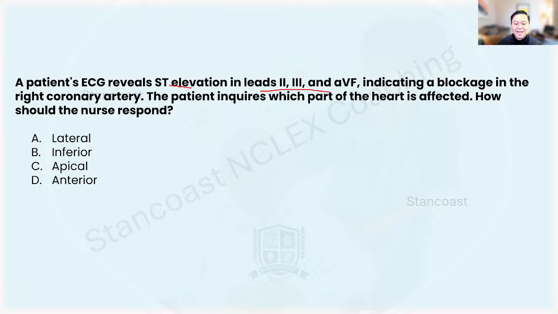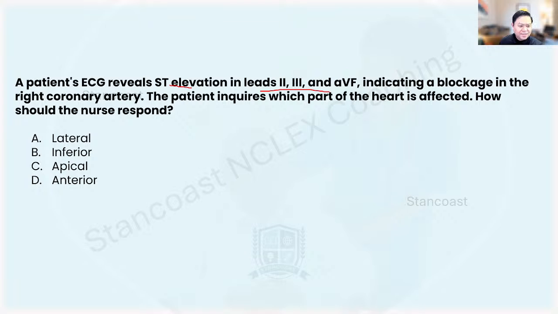Is it A, lateral, B, inferior, C, apical, D, anterior? What is the answer? Okay. We got lateral, inferior, apical, anterior.